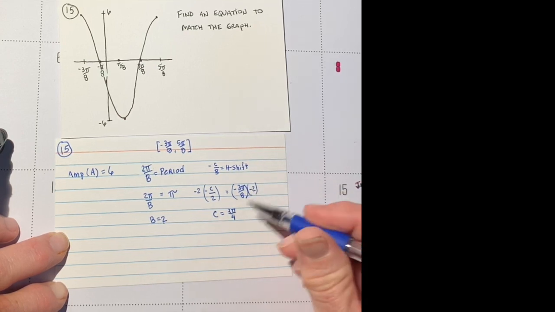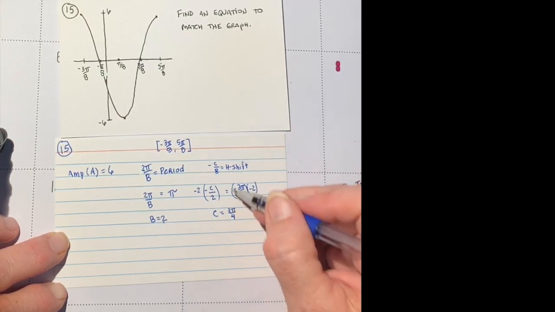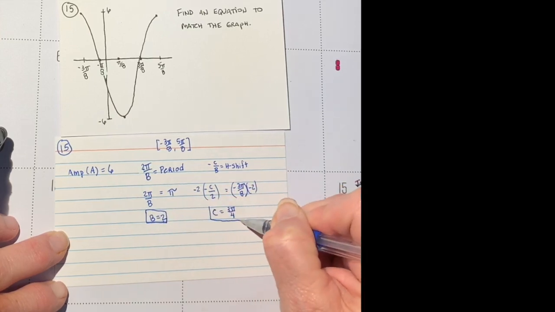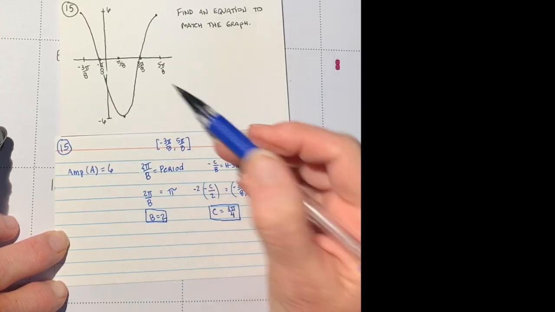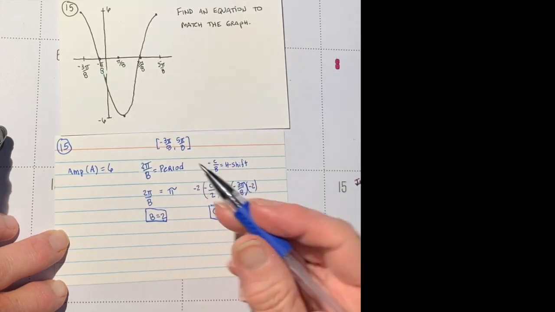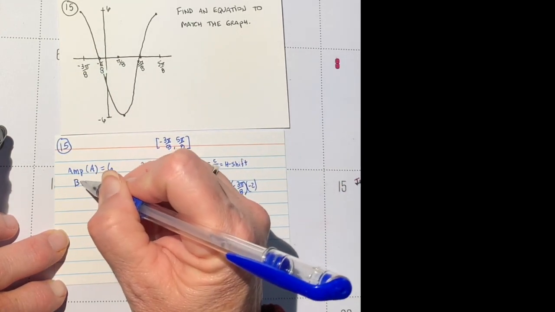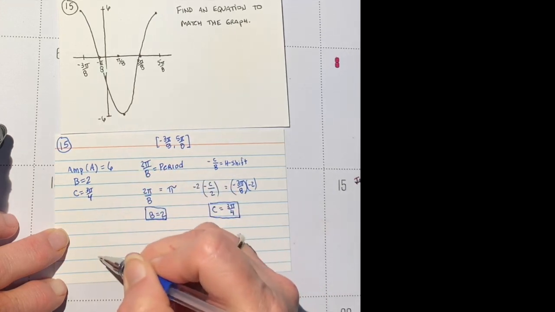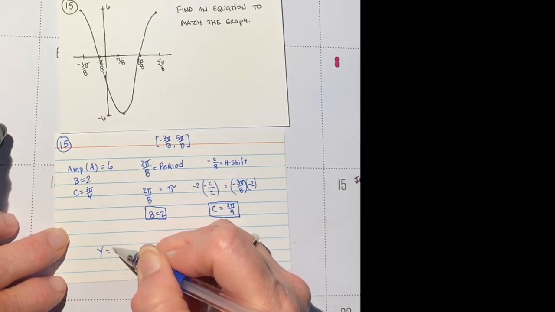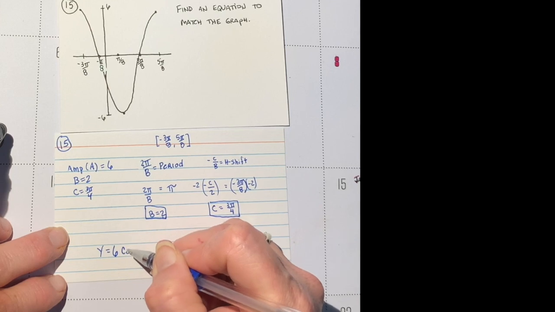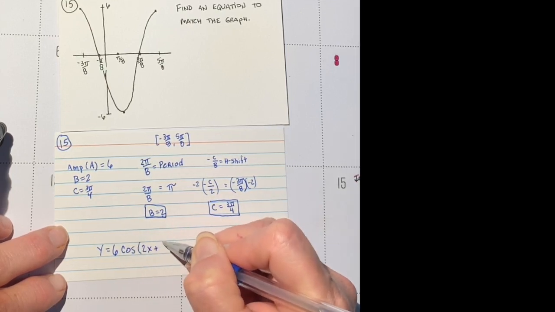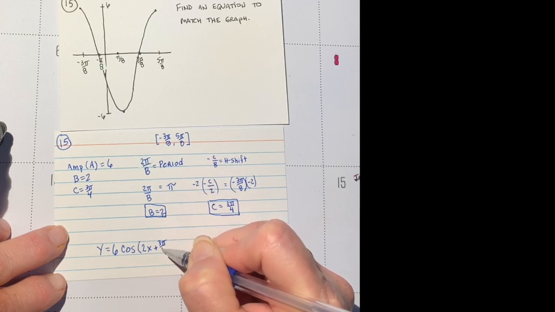Okay, so this is my B, this is my C, and I said I was using a cosine function with an amplitude of 6. B is 2, C is 3 pi fourths, and I could put it all together now and say y equals 6 cosine of 2x plus 3 pi fourths.